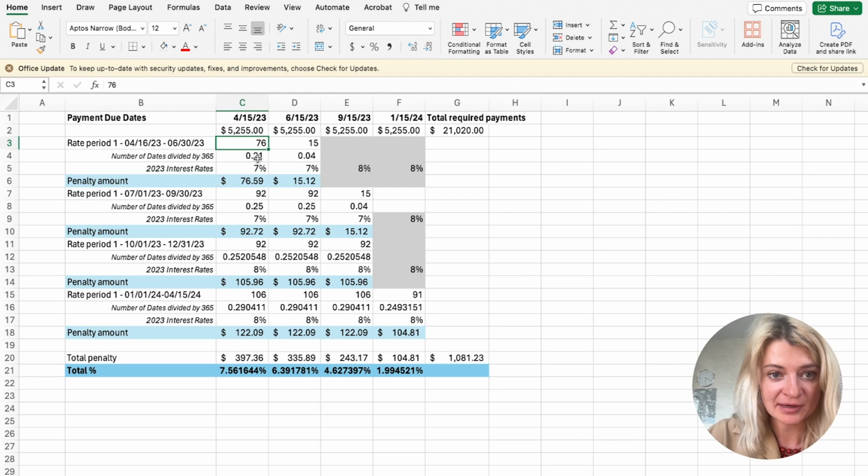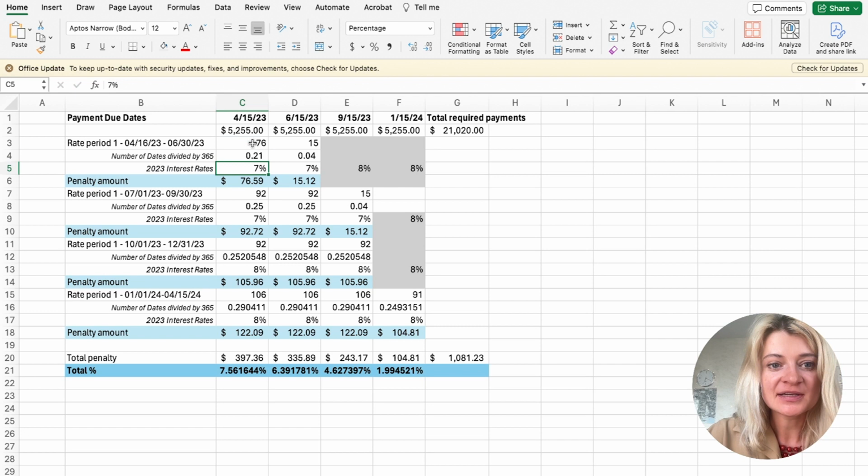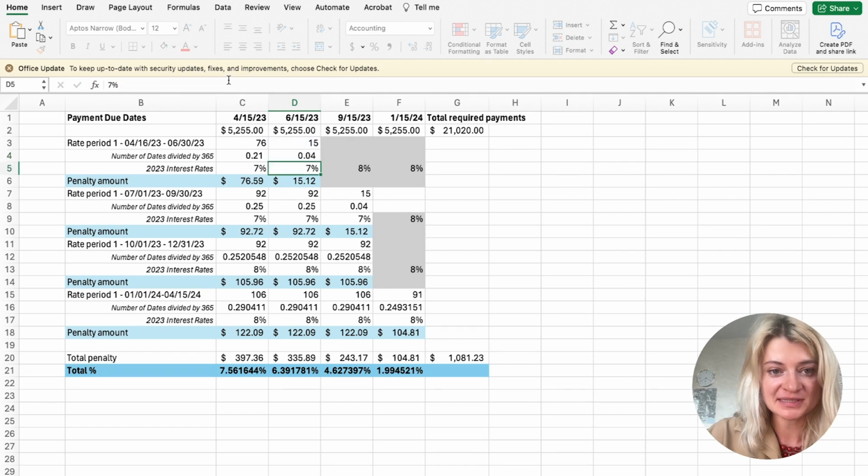So this is the amount. And then we calculate this number that will be multiplied. This number is the number of days divided by 365. So we calculated 76 days and 15 days, and here we just divide by 365.